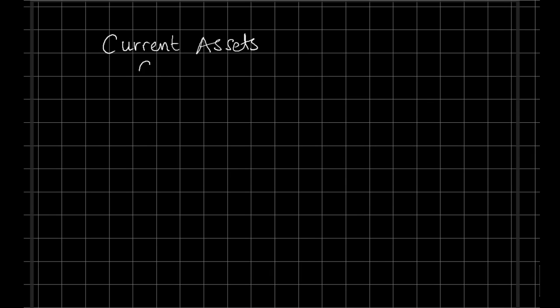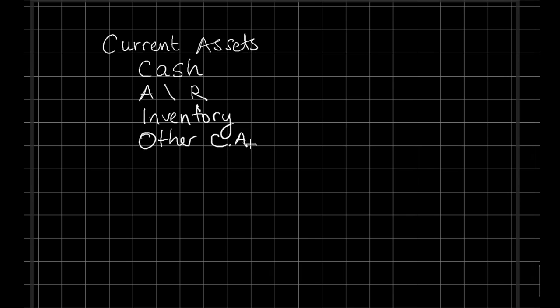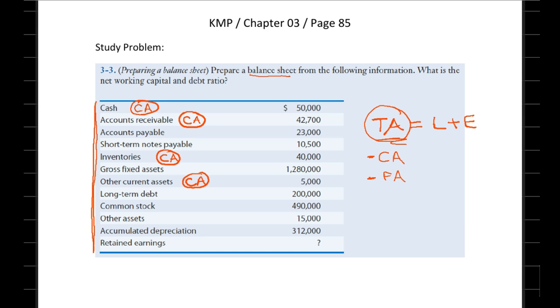Include cash, accounts receivable, inventory, and other current assets. Going back, let me quickly check each of these accounts. Cash is $50,000, accounts receivable is $42,700, inventories is $40,000, and other current assets are $5,000.